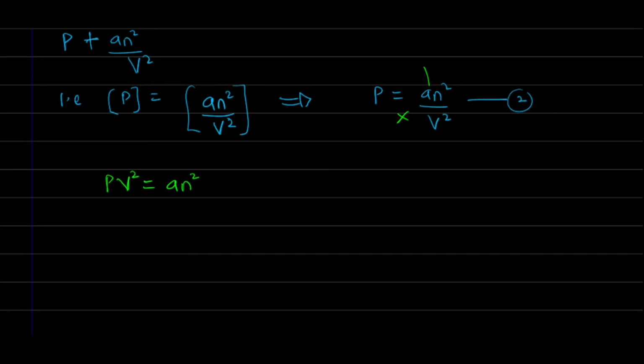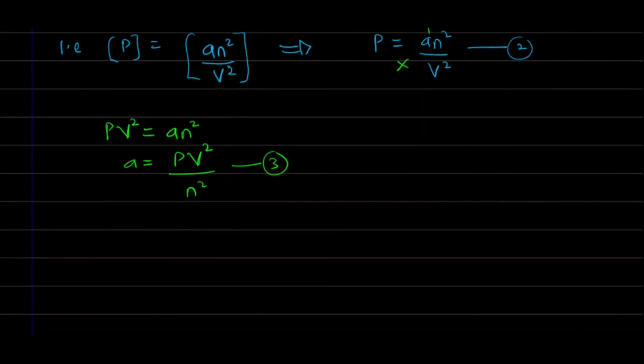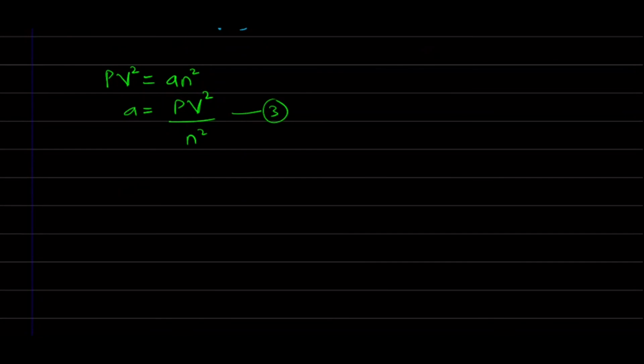Then to make a the subject, N squared is still attached to a, so we have to remove N squared by dividing both sides by N squared. So a is going to be equals to PV squared over N squared. That's equation 3. With this, we can solve for the unit and dimension of a. Let's start by looking at the unit of a.